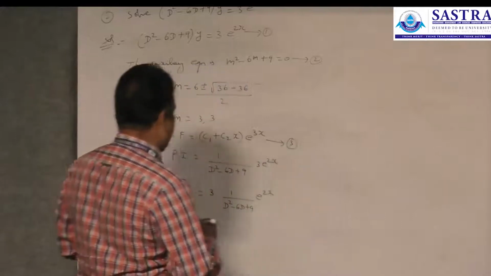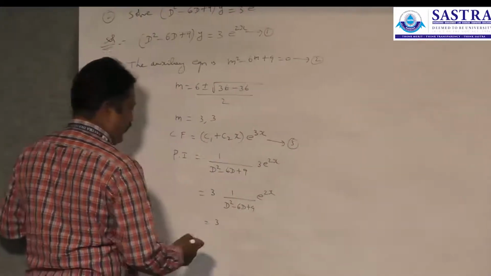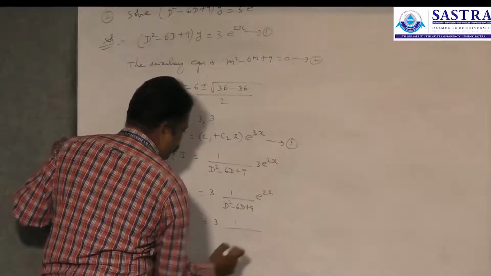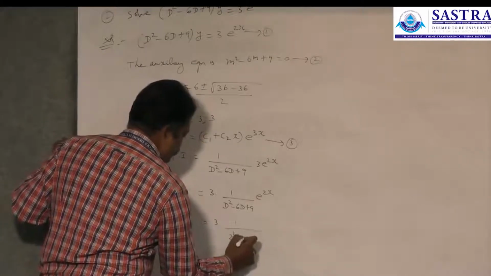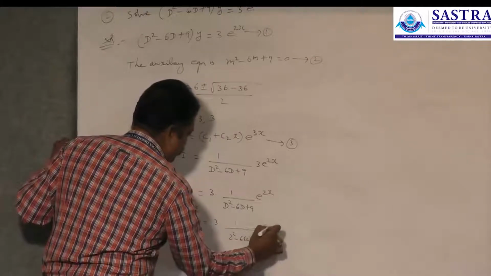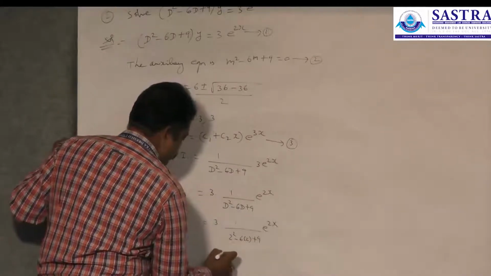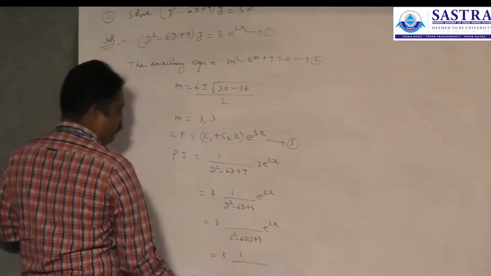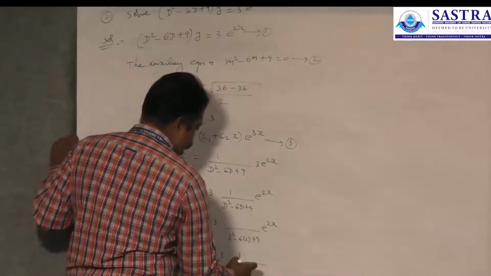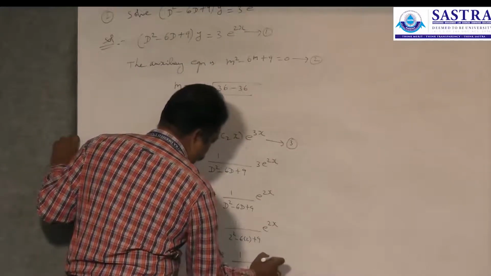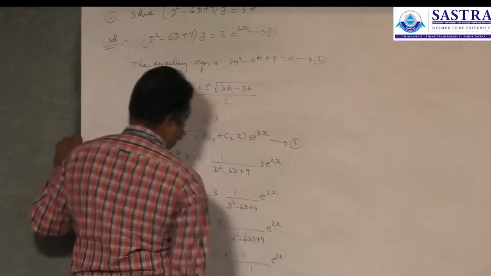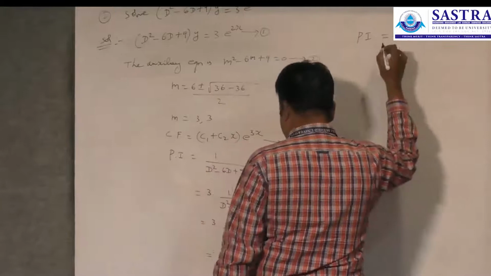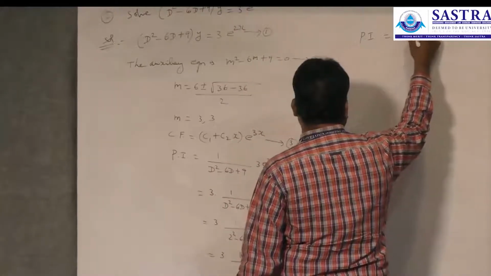The procedure is D should be replaced by a. On doing that, we get 3 times 1 by 2 square minus 6 into 2 plus 9 e power 2x, which is equal to 3 into 1 divided by 4 minus 12 plus 9, that is 13 minus 12, 1. That is, particular integral is equal to 3 e to the power 2x.